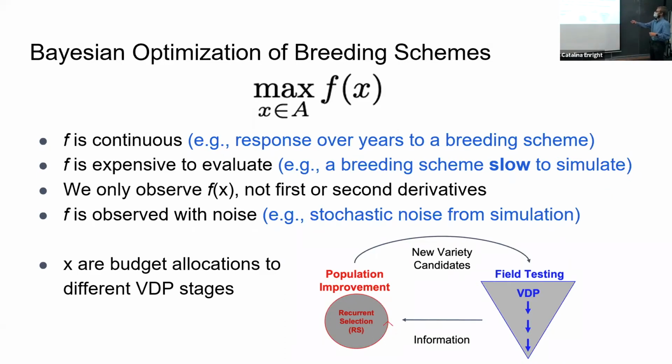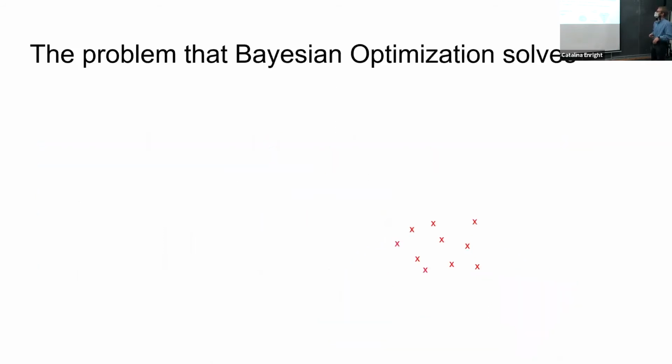So my parameters are budget allocation. On the one hand, I have how much do I want to spend on the different stages of the variety development pipeline. On the other hand, I have how much do I want to allocate to making crosses and genotyping all of these individuals in the population improvement side.